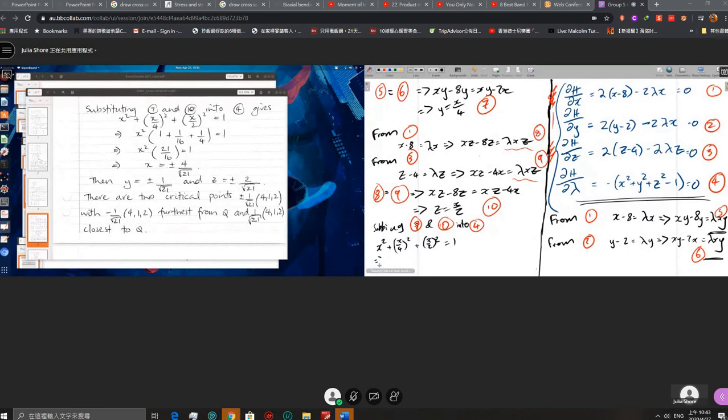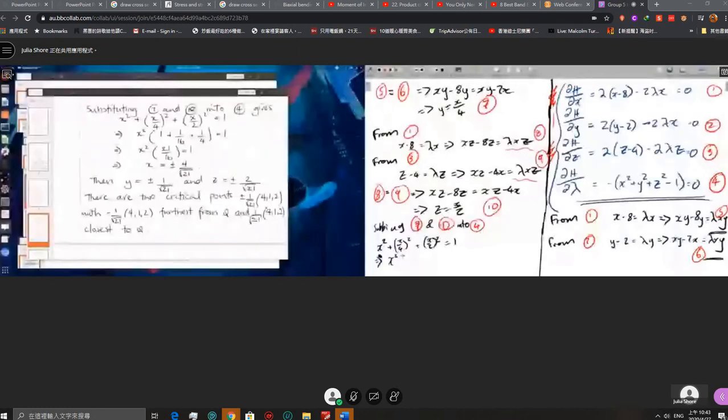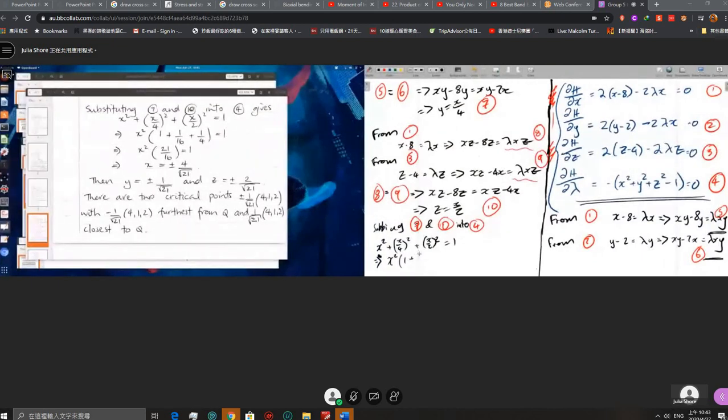This implies x squared outside, 1 plus 1/16 plus 1/4 is equal to 1, which implies that when we work all that out, x turns out to be equal to plus or minus 4 on the square root of 21. Just believe me there.